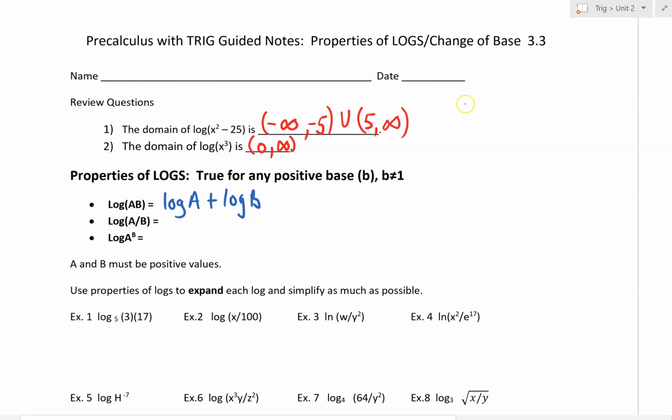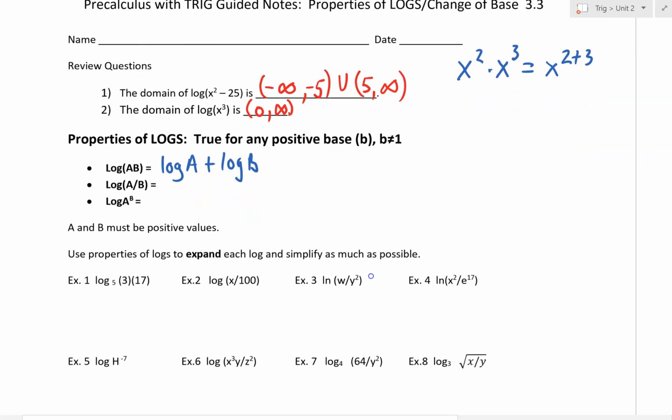And if we think about the rules for our exponents, if I have x squared times x cubed, the rule says that we add those together. Basically that's what we're saying here. Remember, log of A, if I know what A is, the answer is an exponent, and we would be adding exponents. That's really where this rule is coming from.